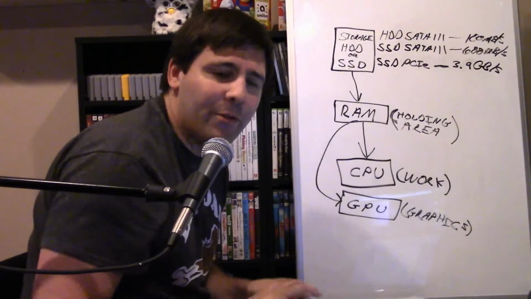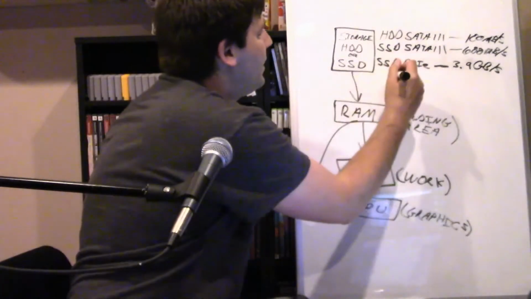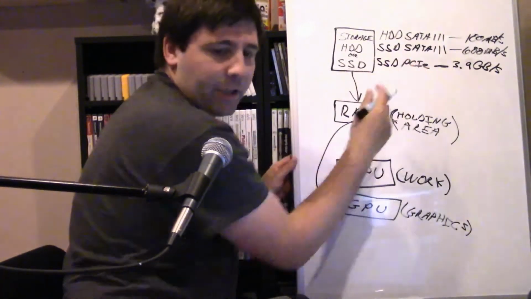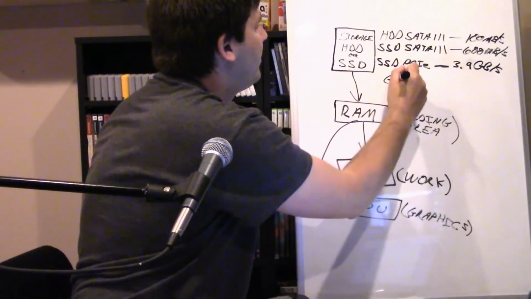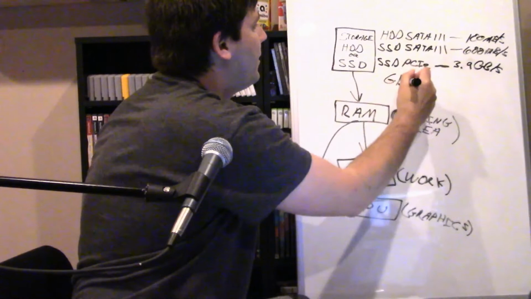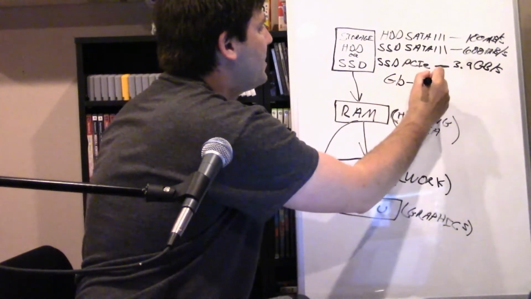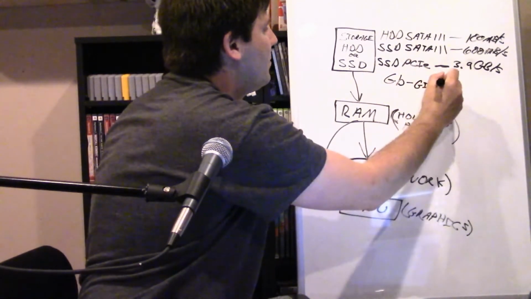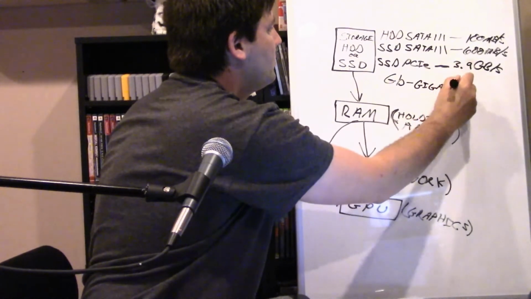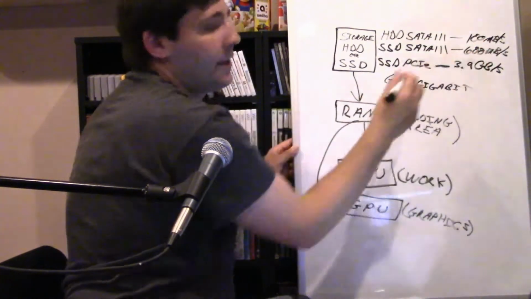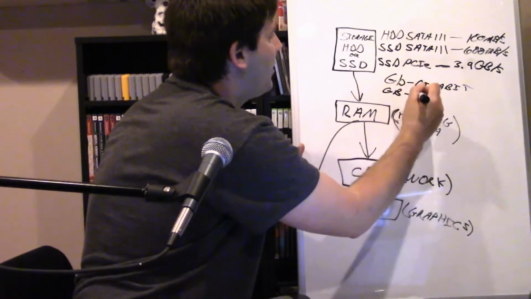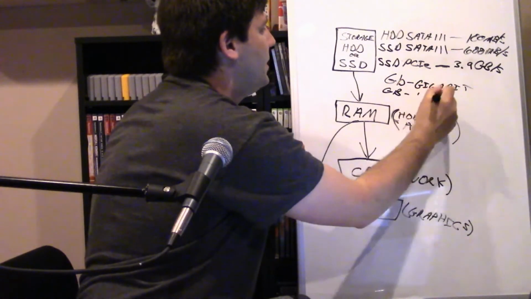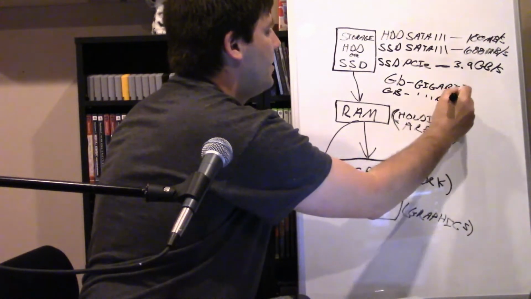By the way, something you want to be on the lookout for. If you're looking at component specs and you see this with a little b, that means gigabit. Not gigabyte. Only if it's a large B does it mean gigabyte.